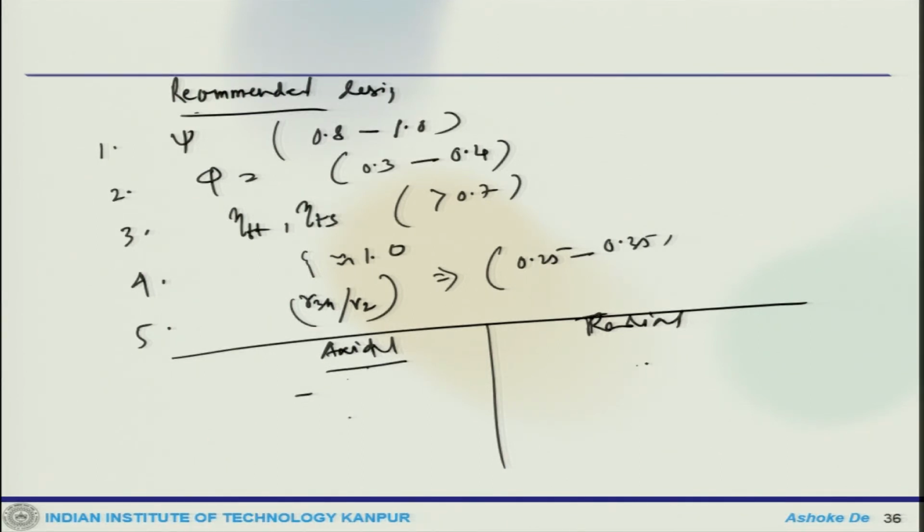Better efficiency, this has lower efficiency. Low pressure ratio per stage, this has high pressure ratio per stage. Higher overall efficiency, lower overall efficiency. Multi-staging is possible, multi-staging is difficult. Very expensive, it is cheap. Difficult to manufacture, this is easy to manufacture. So, these are some of the comparisons that one can think about between the two.